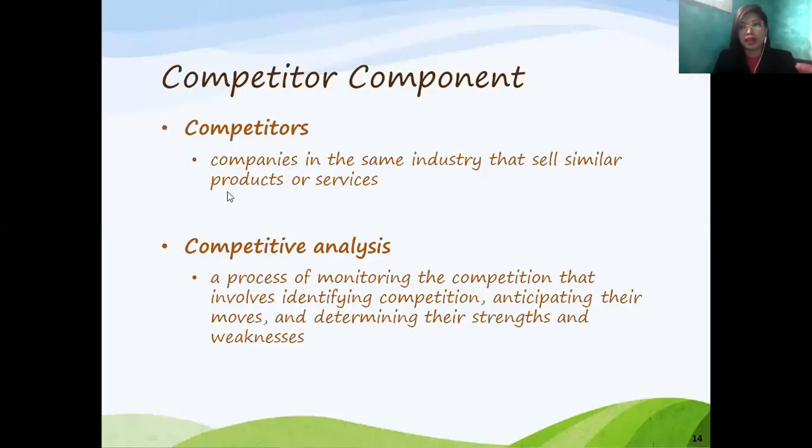Next we have the competitors. They are the companies in the same industry that sell similar products or services. And then we have here the competitive analysis, which is monitoring the competition, involving identifying competition, anticipating their moves, and determining their strengths and weaknesses.